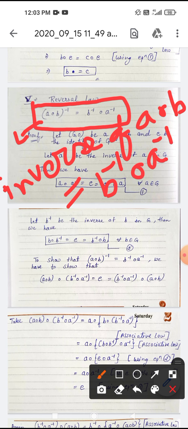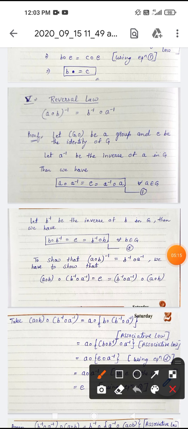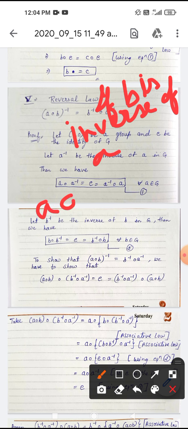Okay, so just recall the property of inverse. If B is the inverse of A in G, then we write A operation B is equal to E. You have to remember this.